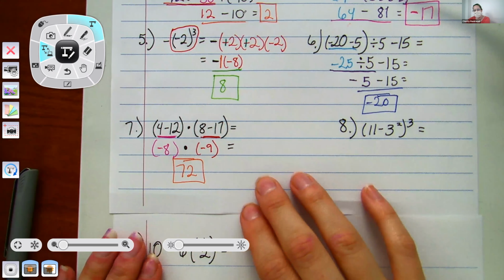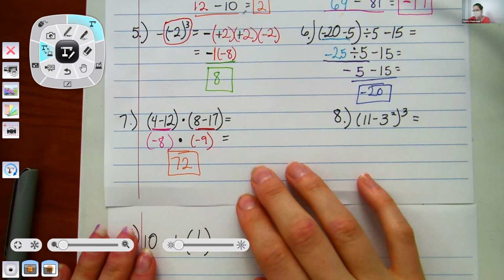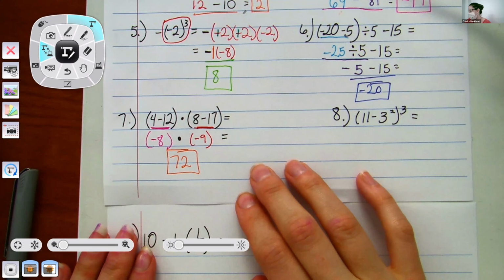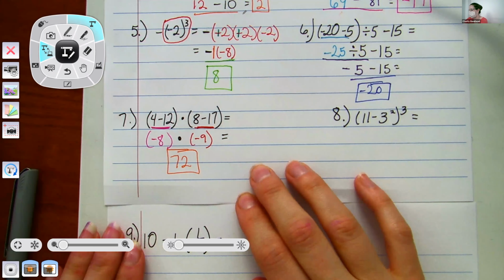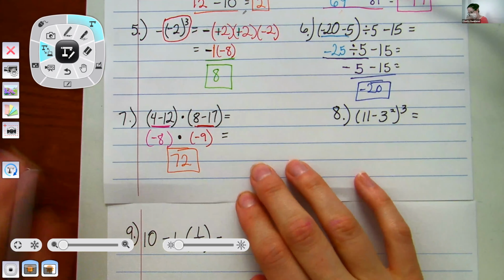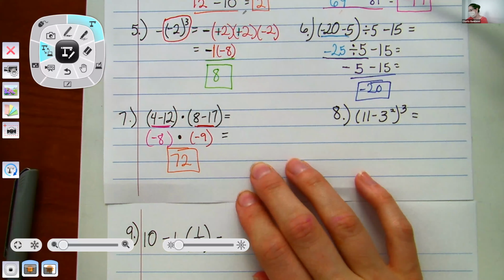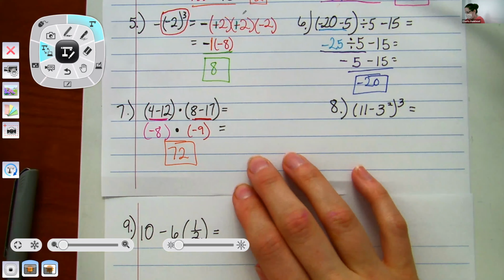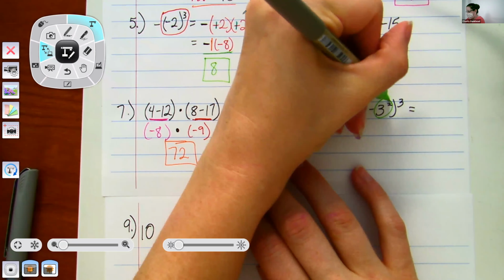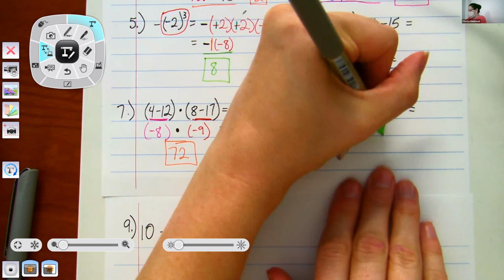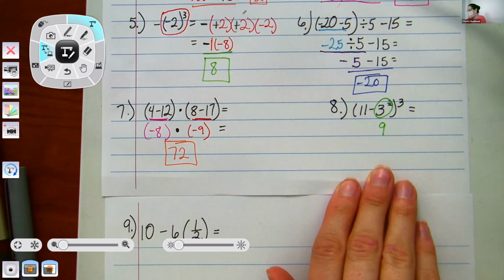All right, number 8. On the inside of the parentheses, I do have some things that need to be done. So looking on the inside of the parentheses, I have an exponent. So I would do 3 squared, which is 9. And then I bring everything else down.